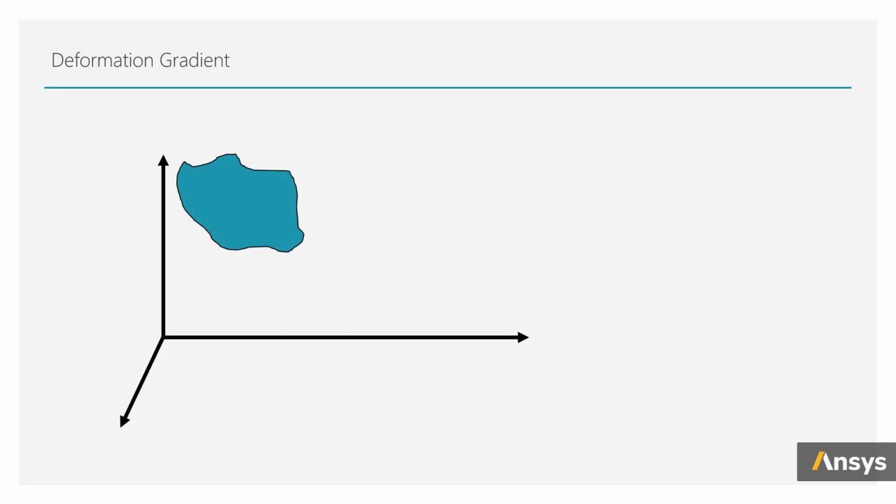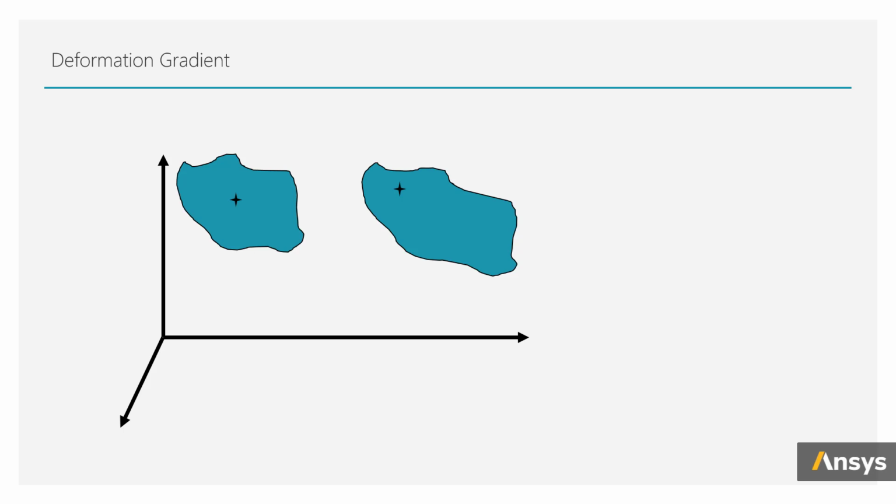Before we jump into it, let's take a look at a new term called the deformation gradient. Let's consider a random shaped solid and let's focus on a point on it. When you apply some load on this object, it deforms and displaces, and the point now assumes a new position in space.